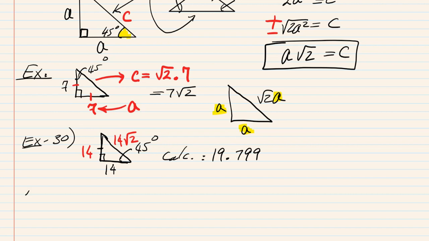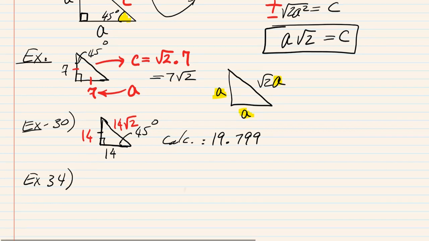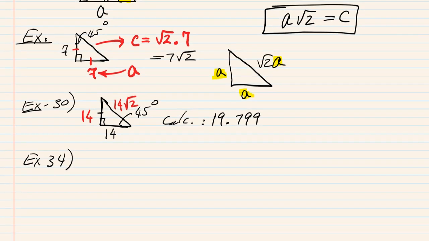Let's take a look at exercise number 34, which still works with an isosceles triangle, except the difference now is that this triangle is placed in this position. Okay, we're given the longest side now is 8, and we want to find the other 2 sides. Okay, the isosceles sides.